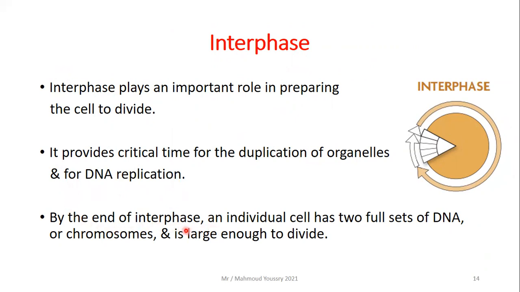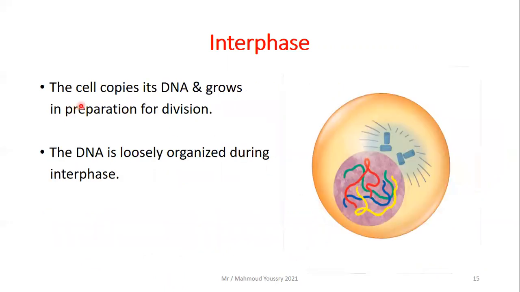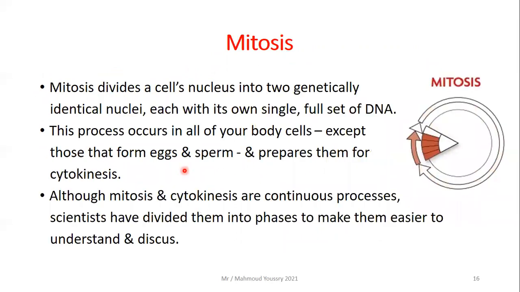By the end of interphase, an individual cell has two full sets of DNA or chromosomes and is large enough to divide. Then the cell copies its DNA and grows in preparation for division. The DNA is loosely organized during interphase.